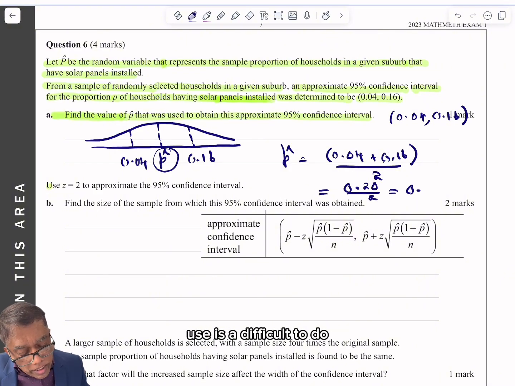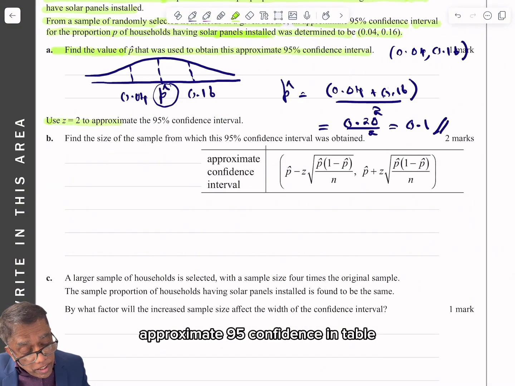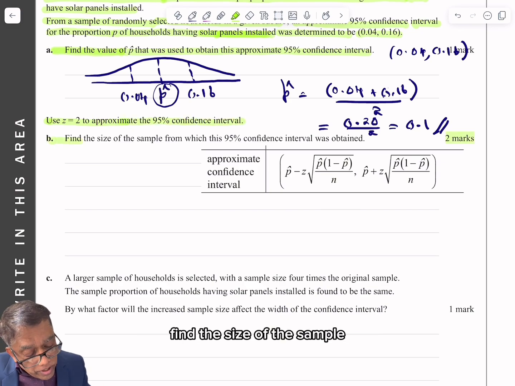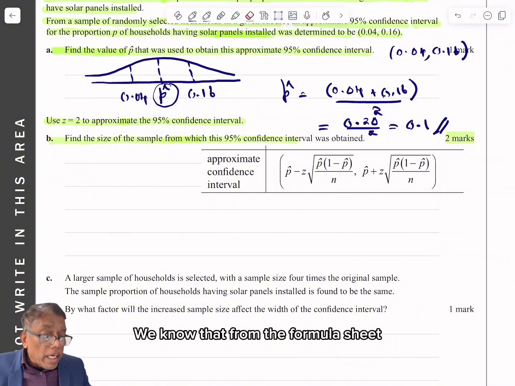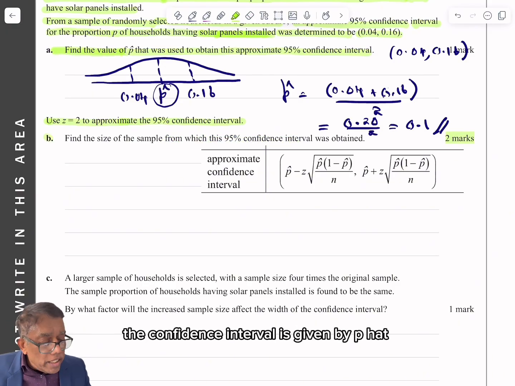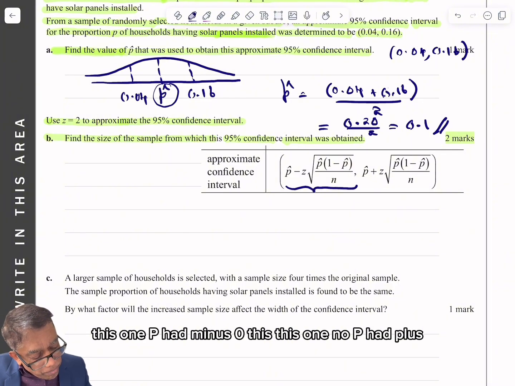Use z equal to 2 for the approximate 95% confidence interval. Find the size of the sample from which this 95% confidence interval was obtained. We know from the formula sheet that the confidence interval is given by p hat minus z times the square root, or p hat plus that.